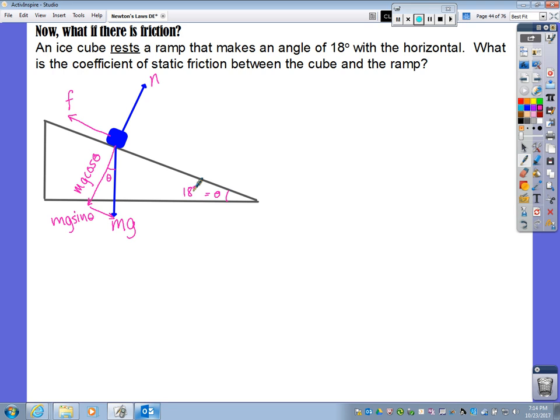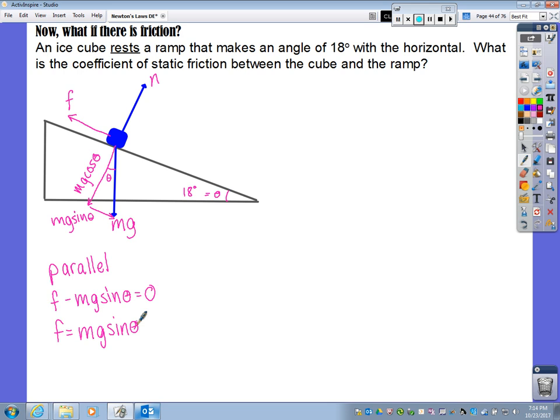Let's write this out properly. In the direction parallel to the ramp, we've got friction minus mg sine theta equals the acceleration. Now it's at rest, so the acceleration is 0. So friction equals mg sine theta.